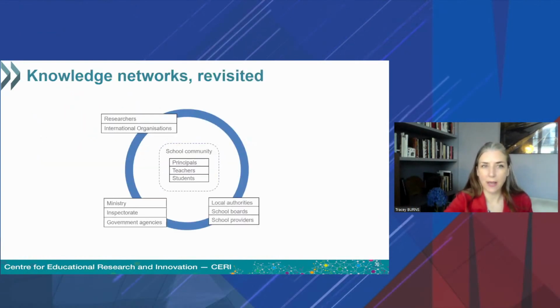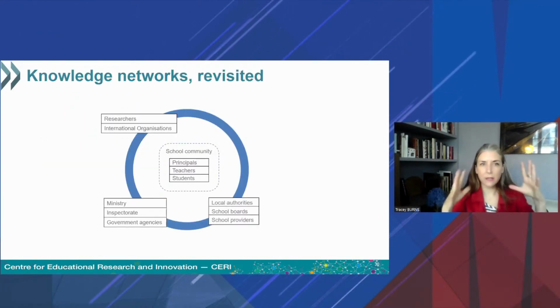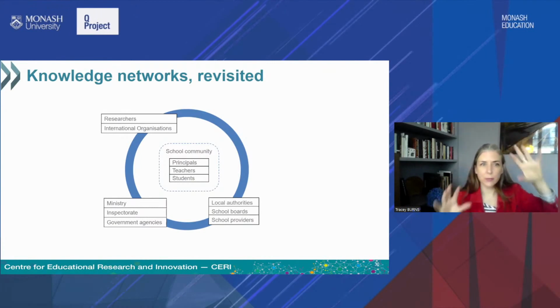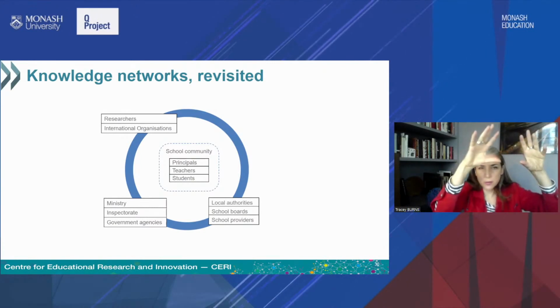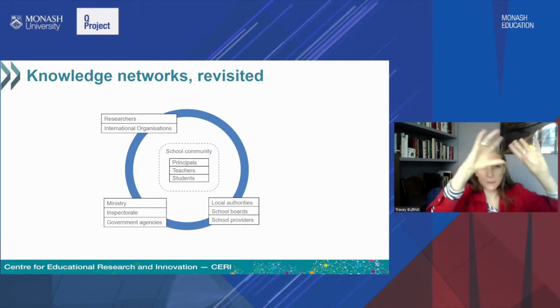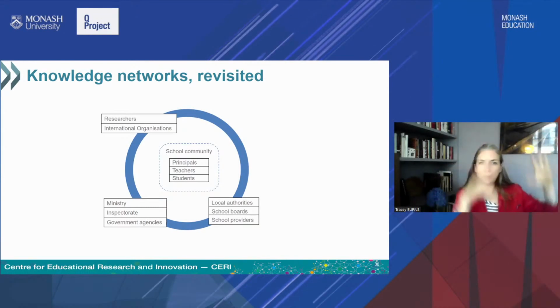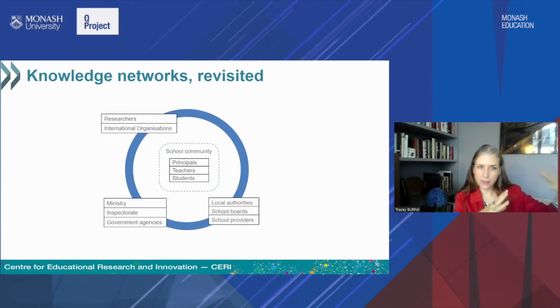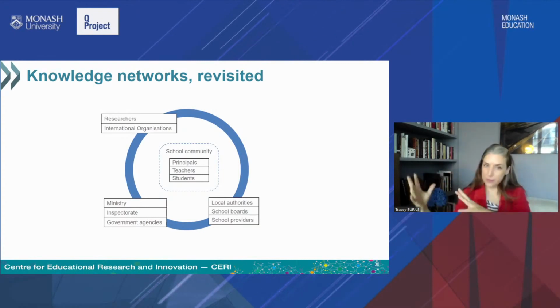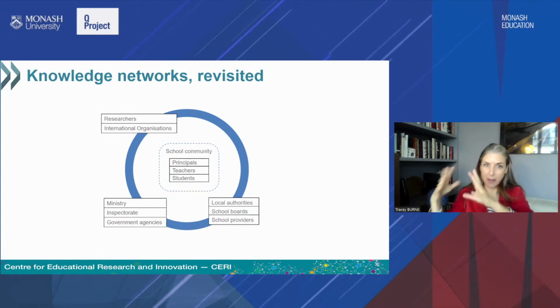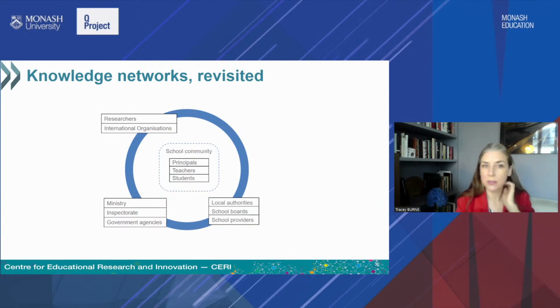If we think of our knowledge networks, this is the very traditional way of thinking: there are researchers at the top. I put ourselves there because of our large scale surveys. There are the policy people, ministry or state level departments. There are the actual practitioners, including principals, teachers, and students.